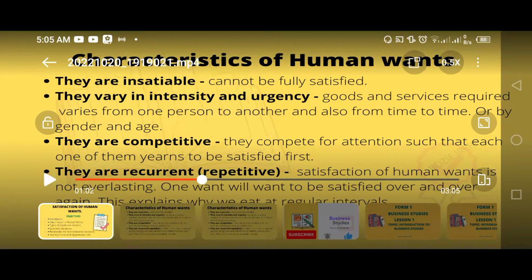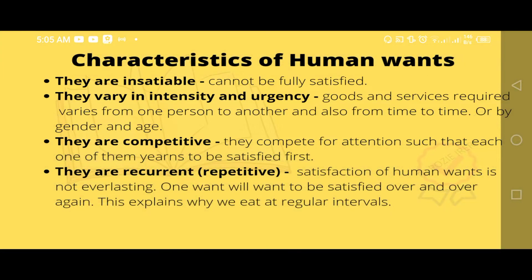One is that human wants are insatiable, meaning they cannot be fully satisfied. Wants will need to be satisfied again and again. They also vary in intensity and urgency, meaning that goods and services required vary from one person to another and from time to time. Also, they can vary depending on gender and age.